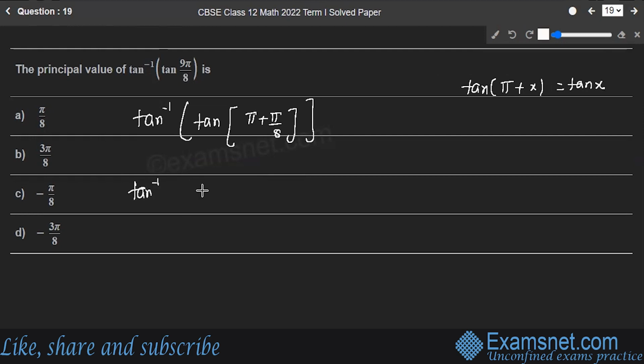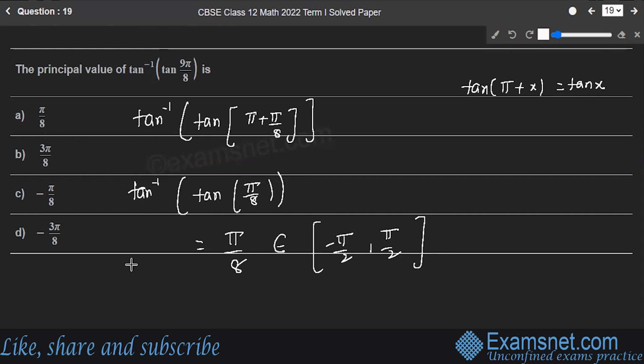That makes it tangent inverse tangent of pi by 8, which is simply equal to pi by 8, right? See, pi by 8 belongs to the interval minus pi by 2 to pi by 2, right? So tangent inverse tangent pi by 8 will give you the value pi by 8. That is option A.